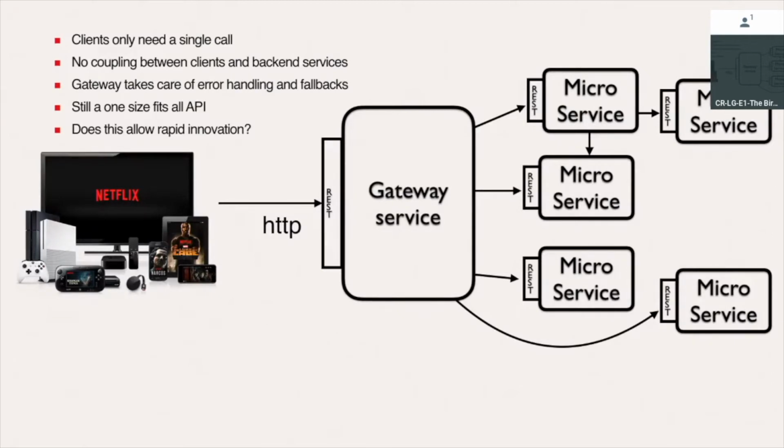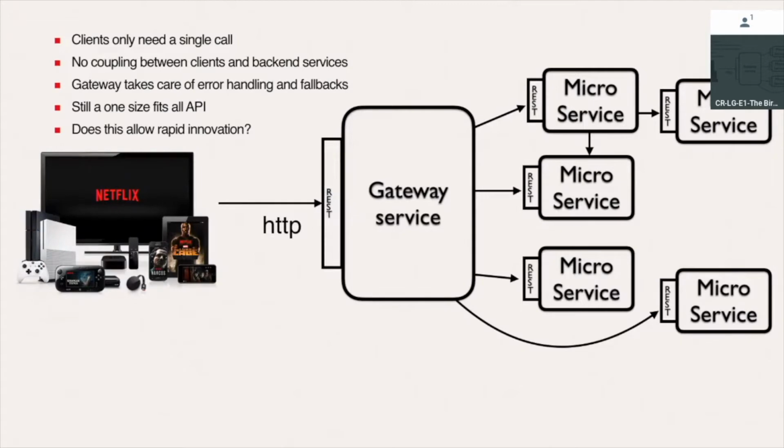But we also still have one major problem, and that's that if our gateway service has one big API, that API will be kind of not working for anyone. It's not going to be great for all these individual devices. It has to work for all the different devices, which mostly means that it's not great for anyone, right?